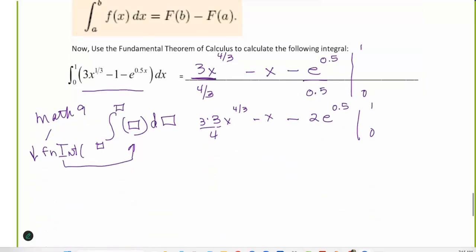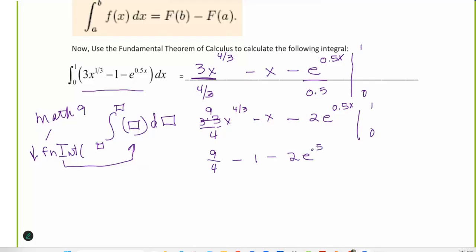So let's plug these numbers in. So this top, that's really a 9, right? So I have 9/4, 1 to the 4/3 is still 1, minus 1, minus, oh, I'm sorry, I have to have an x here, minus 2 e to the 0.5.